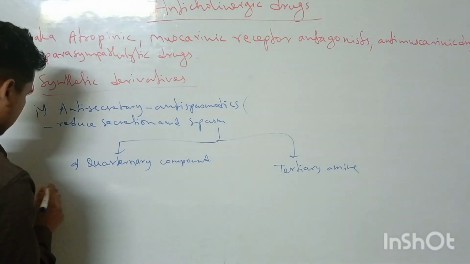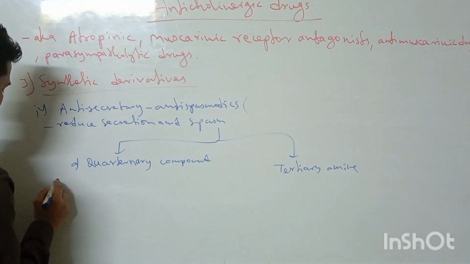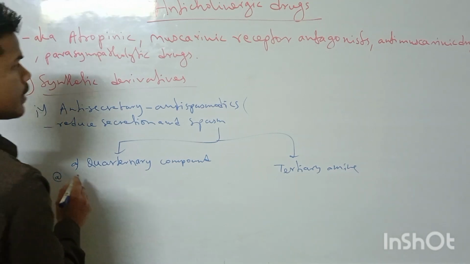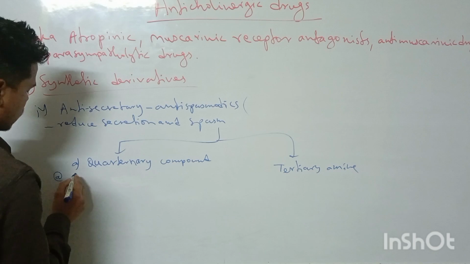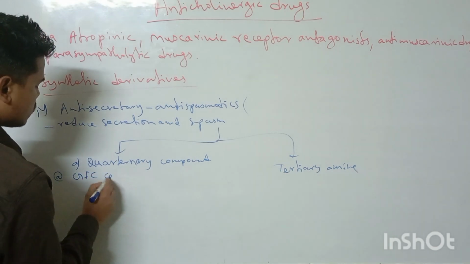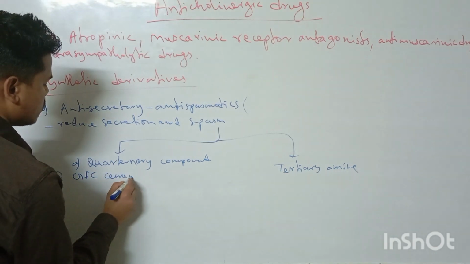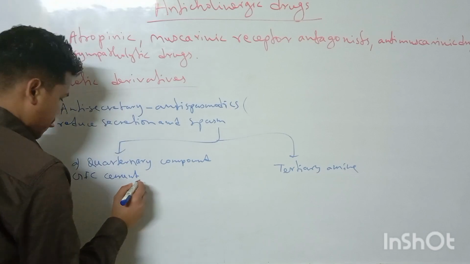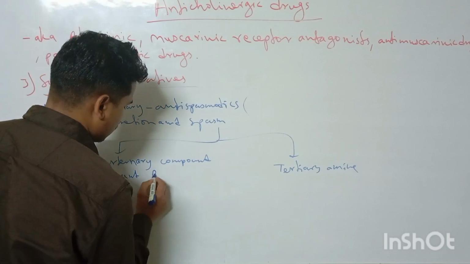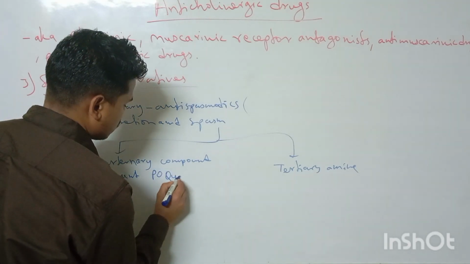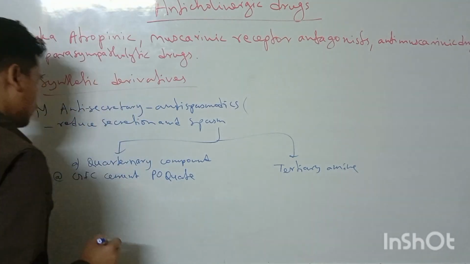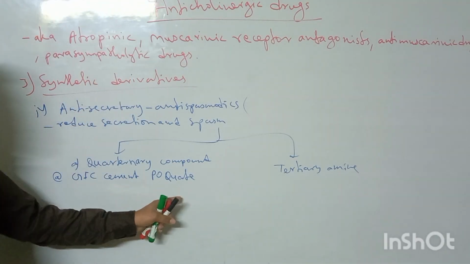So remember the examples. Here again remember a mnemonic: GIC cement pocket.